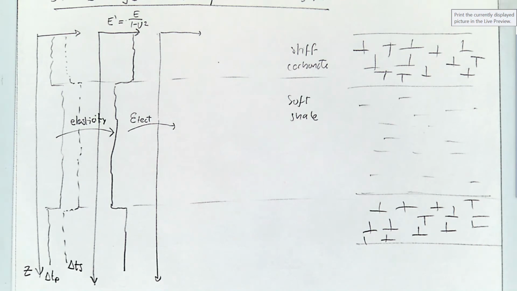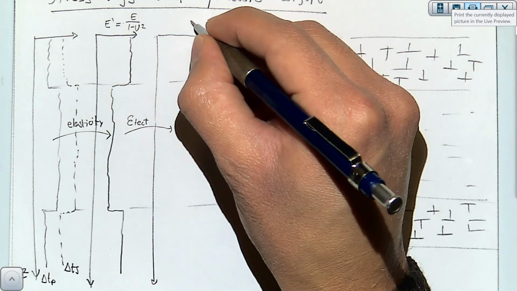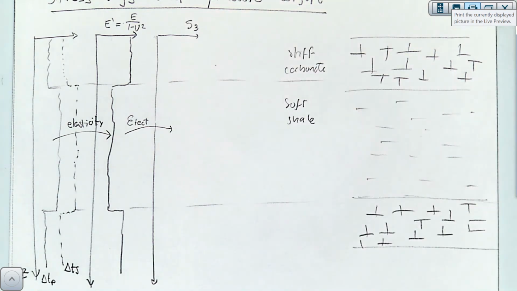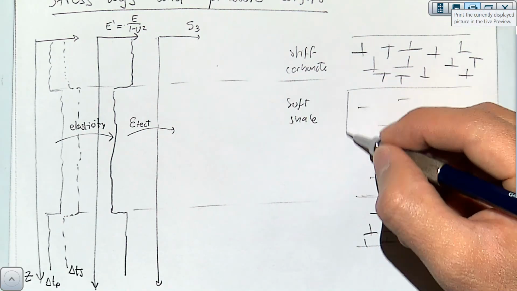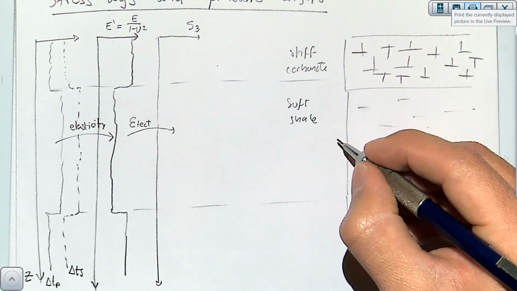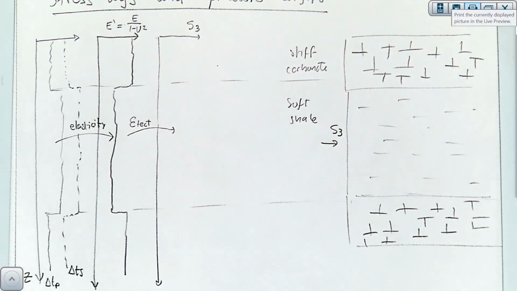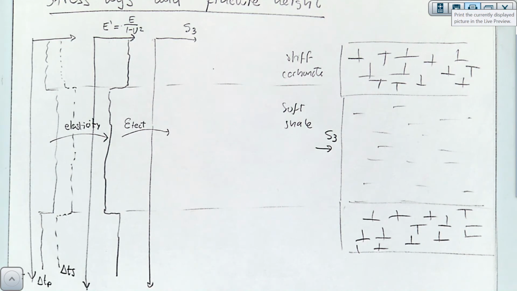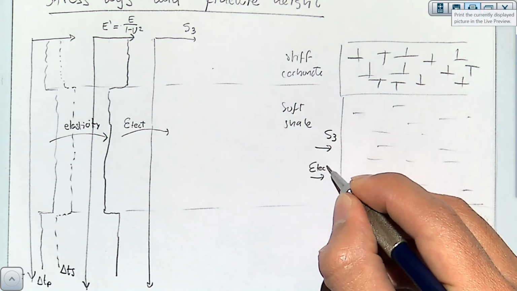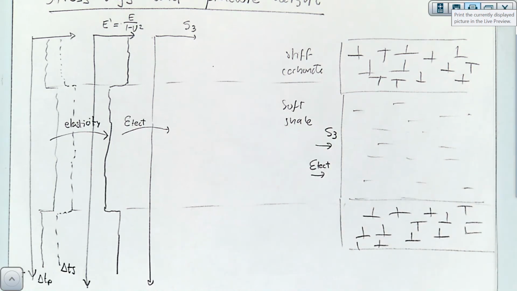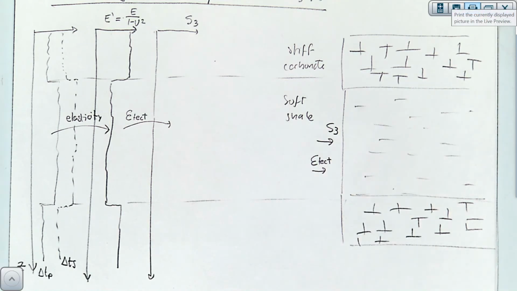Let's assume that we are, in this case, trying to predict what is the minimum principal stress. And the minimum principal stress in this case is applied in this direction, and we're applying a tectonic strain that also goes in this direction. Where do you think the stress is going to be the highest? In the carbonate or in the shale?